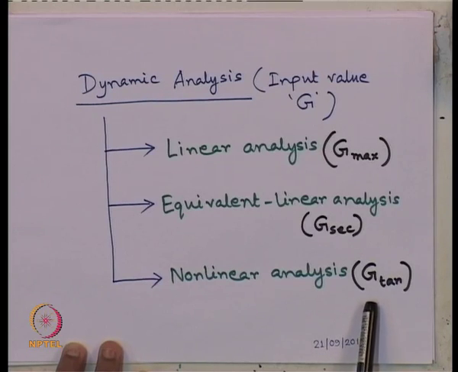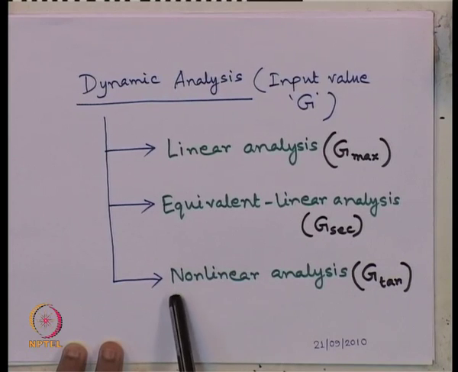So, we should use the tangent shear modulus at that point. The tangent shear modulus keeps on changing with the change of curvature of the tau versus gamma plot. So, in your entire analysis, this is a completely variable parameter, which is nonlinear in nature. That is why this is the most complex, but gives the most accurate result.